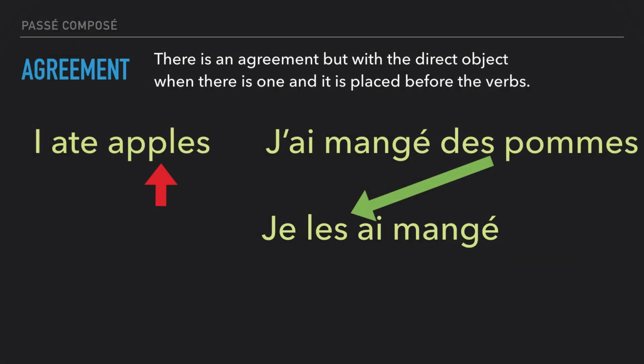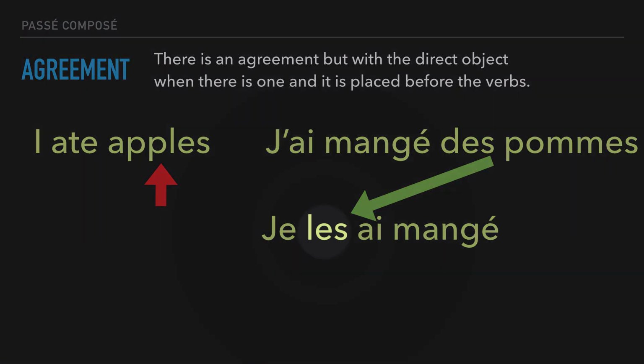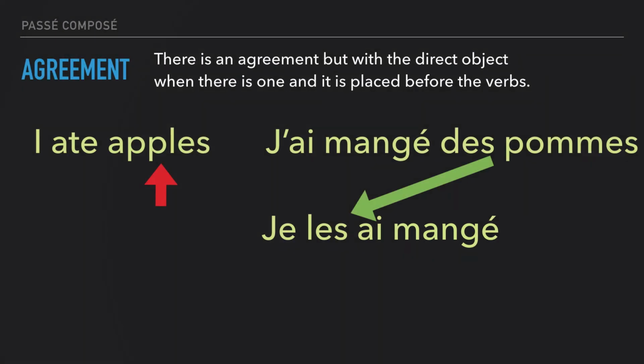For this reason, and to follow the rule, you need an agreement between this pronoun les and the past participle mangé. So you need es at the end, the mark of the plural and feminine for pomme. Je les ai mangées. Actually, this rule is for writing, because when you speak, you can't hear the difference, as we don't pronounce the end of this verb.